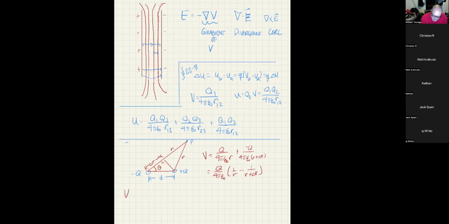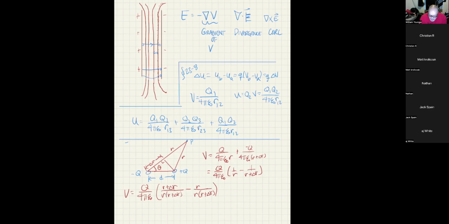And that would give us V is equal to Q over 4 pi epsilon naught times R plus delta R over R times R plus delta R, and then minus R over R times R plus delta R. Okay, now I got a common denominator.